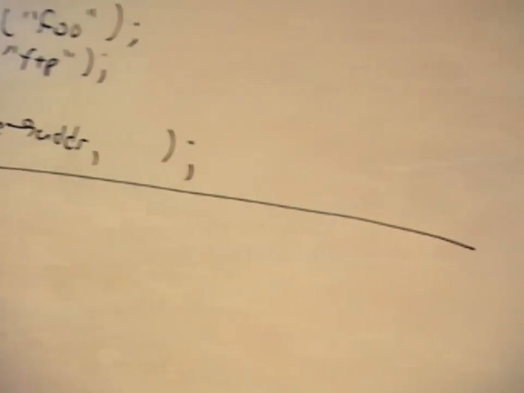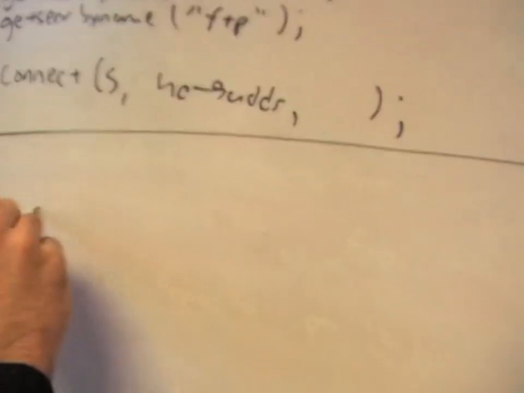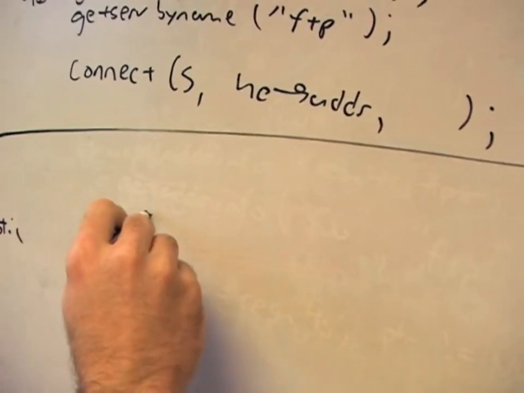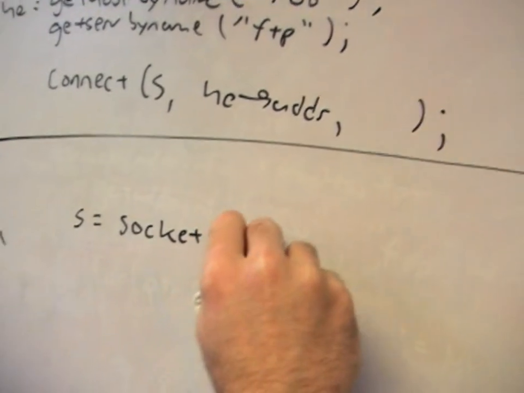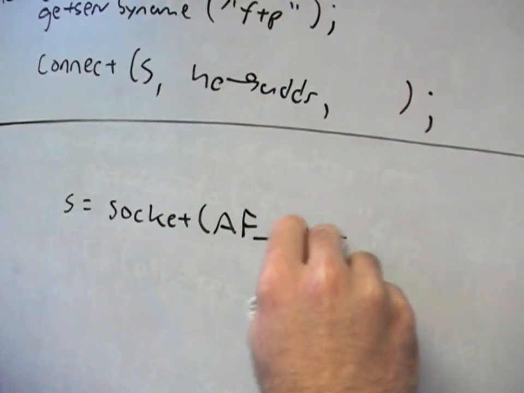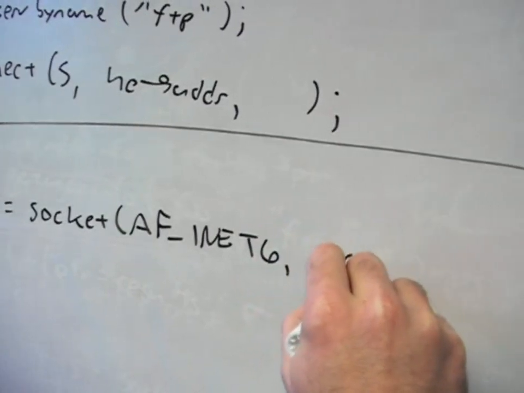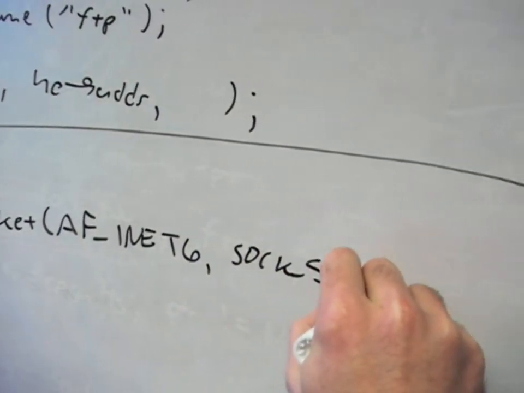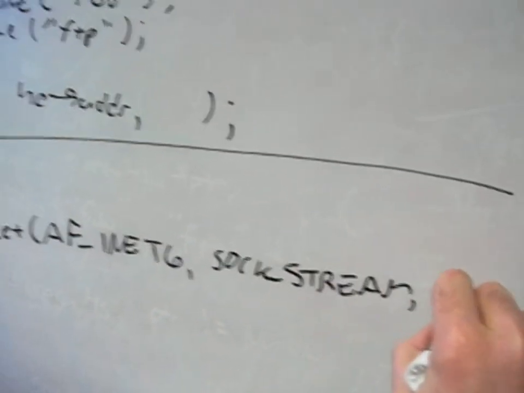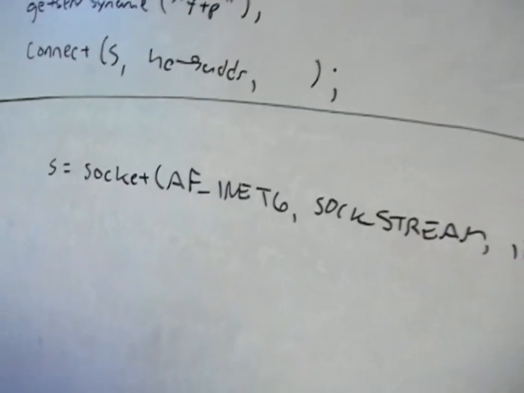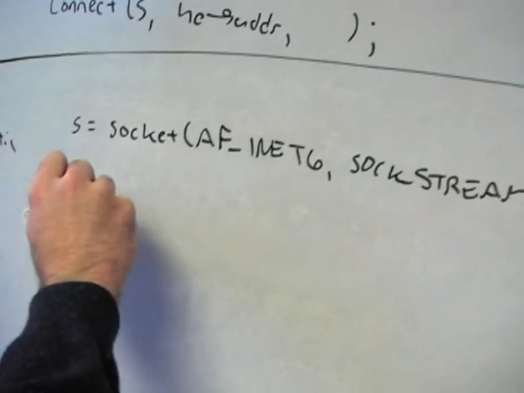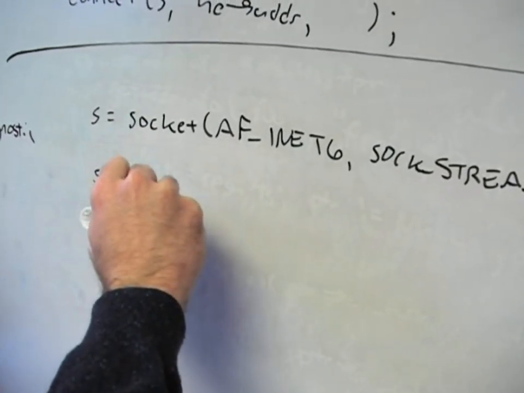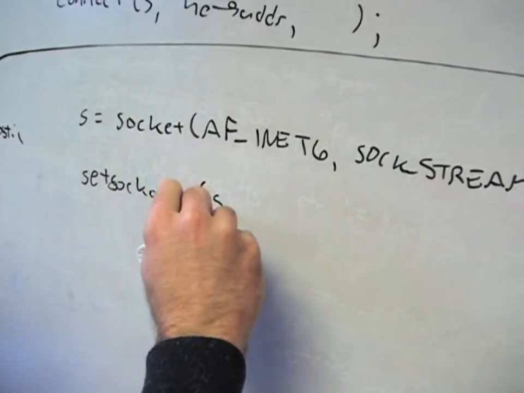All right. So you create a socket, and this is going to be a dual mode socket. So dual mode sockets are by default v6. You create your sockets. You set a socket option.